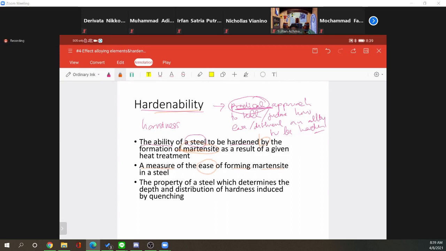And in some cases, it is something to do with the geometry.